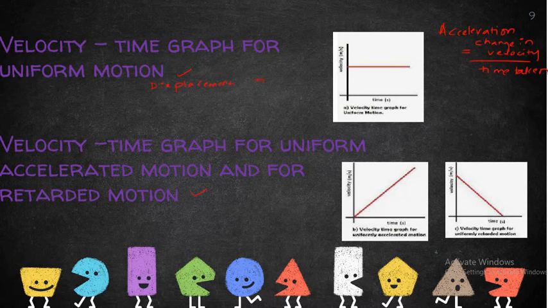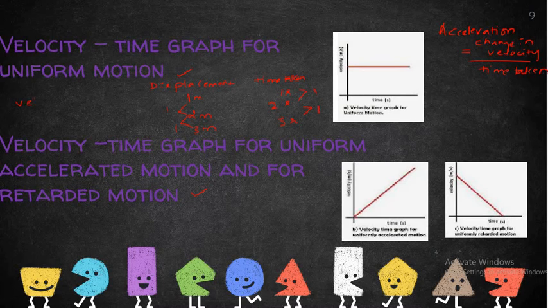If the object covers 1 meter in 1 second, 2 meters in 2 seconds and 3 meters in 3 seconds, it is covering equal distances in equal intervals of time.